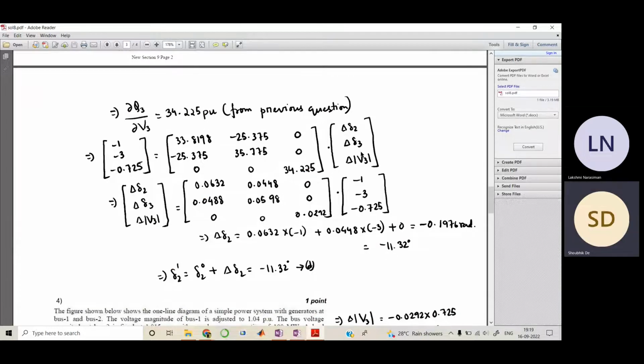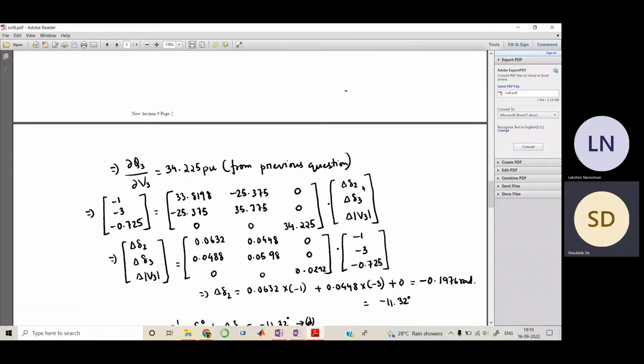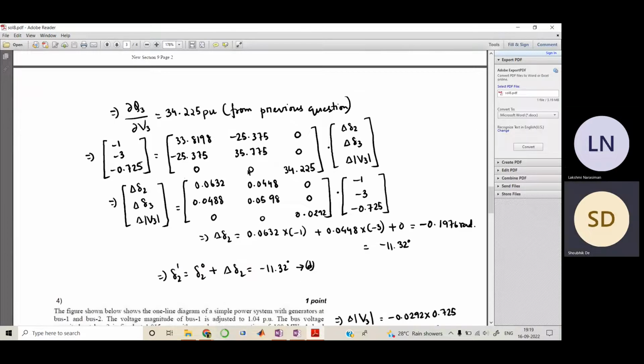Now we just have to calculate the value of delta 2. It would be pretty lengthy if you do it this way, because if you solve this, you will get 3 equations and then have to calculate the unknowns. The other way around is to take the inverse of this matrix. When you take the inverse, you get this matrix, and directly you can calculate delta 2 from here.